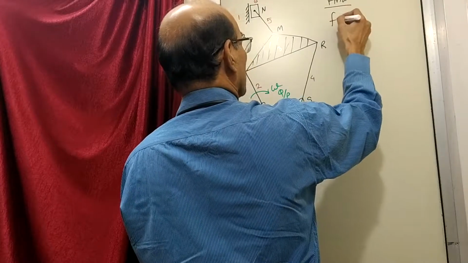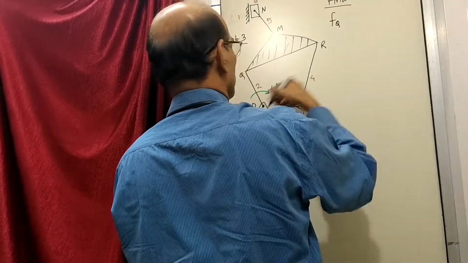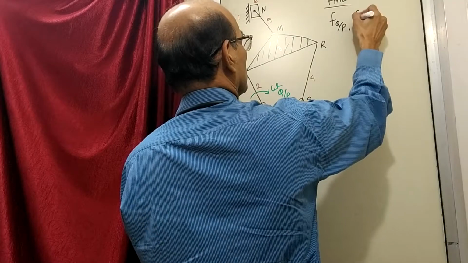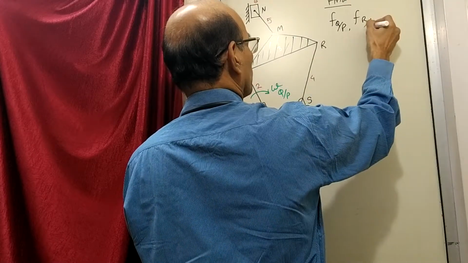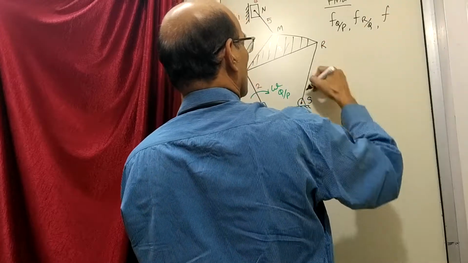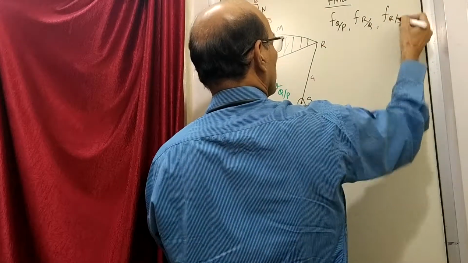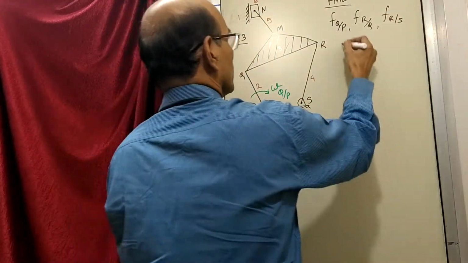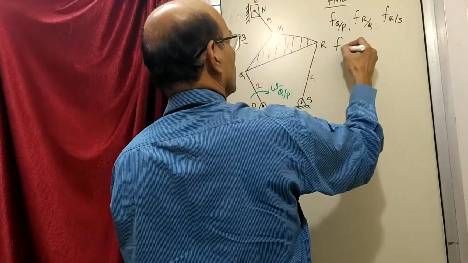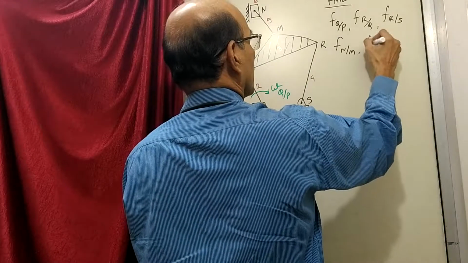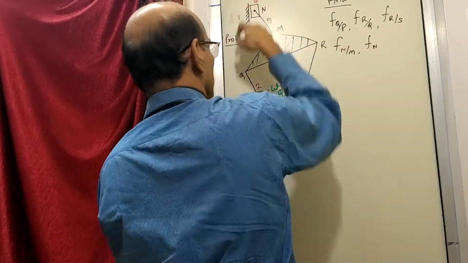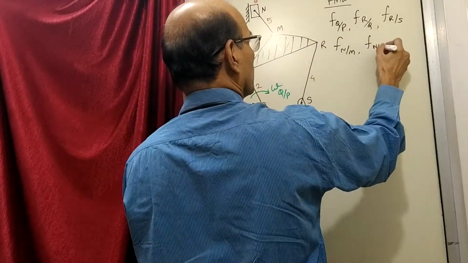Find acceleration of q with respect to p, then acceleration of r with respect to q, acceleration of r with respect to s, then acceleration of n with respect to m, then the acceleration of n with respect to fixed point p.